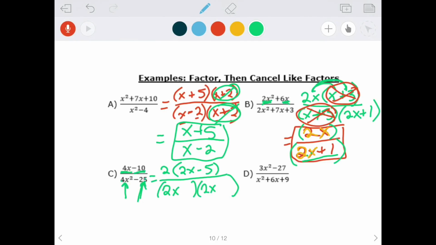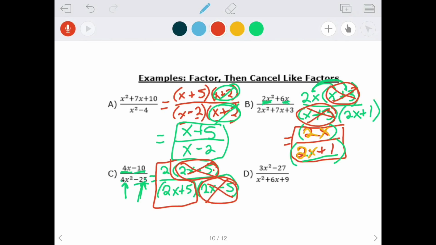And then I have a perfect square, so that is 5 times 5, which gives me 25. Notice that your 25 is negative, so one has to be positive and one has to be negative. Then looking at terms to cancel, I have 2x minus 5 in both the numerator and denominator. I cross those out, and that leaves me with 2 over 2x plus 5.